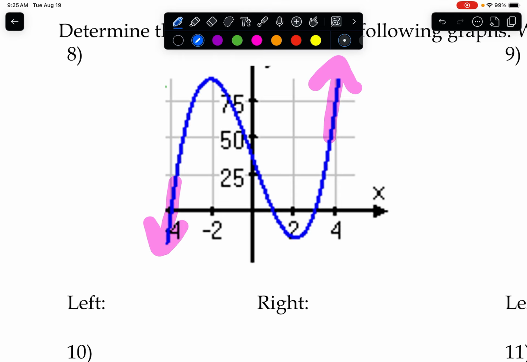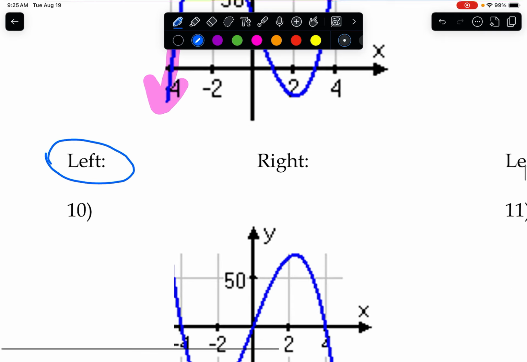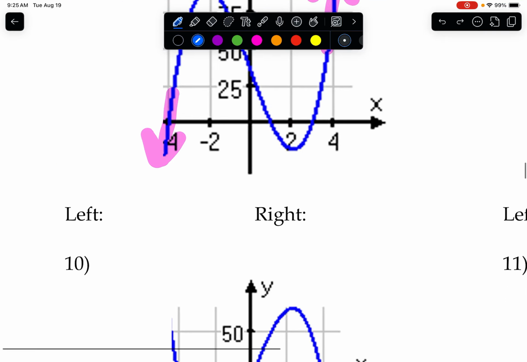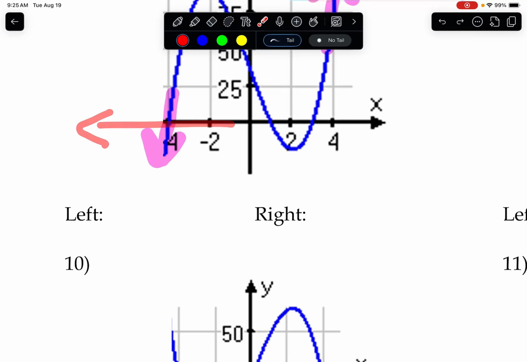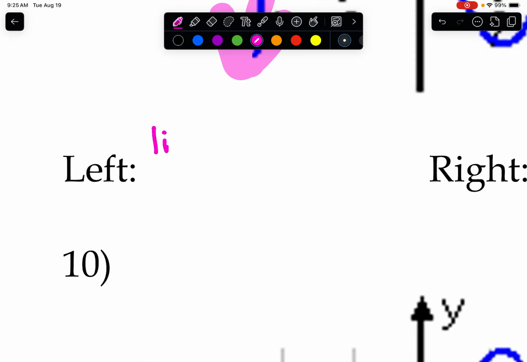So my limit notation here, for the left side, we're looking to see as it goes this way. So my limit as x is approaching negative infinity of f of x, since it's going down, it's going to approach negative infinity.